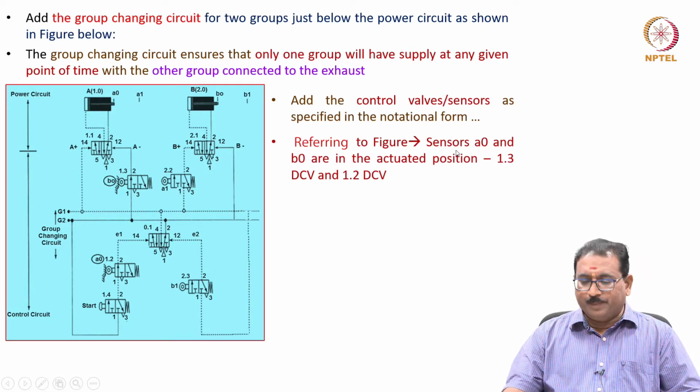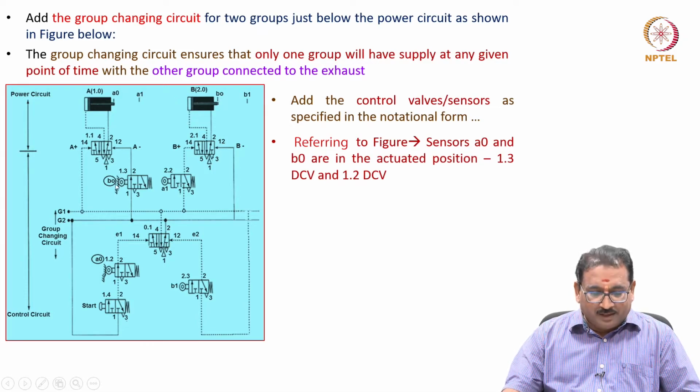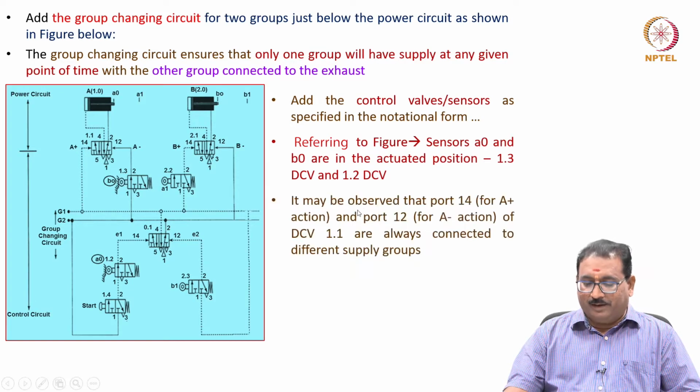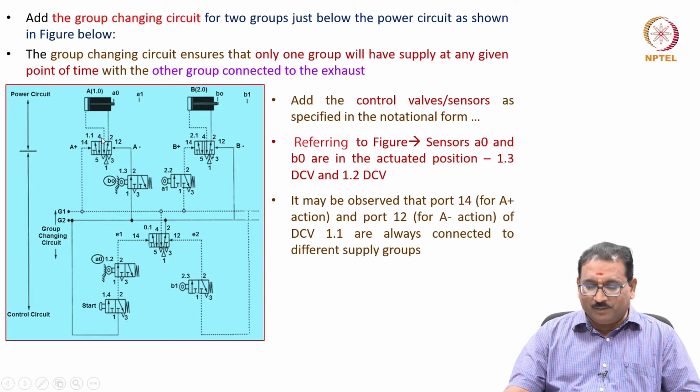Referring to the figure, sensors A0 and B0 are in the actuated position. Always the circuits will start with the retracted position of the cylinders. It may be observed that port 14, what is it for? A plus action. Port 12 for A minus action of DCV 1.1 is always connected to different groups.